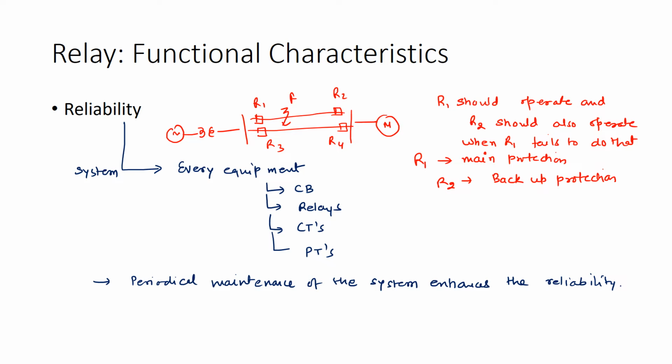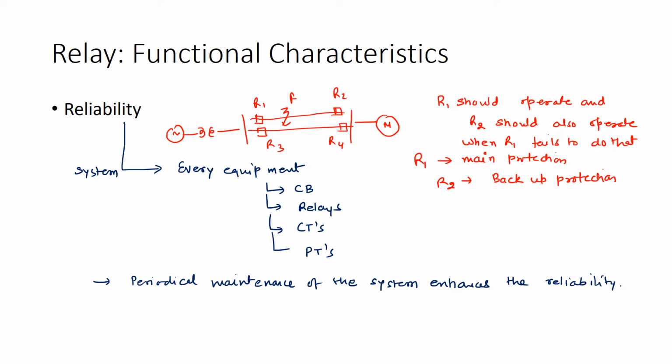So the reliability of the relay is a basic functional characteristic which is required when we are designing a protection scheme. Also, the system reliability depends upon the reliability of the circuit breaker, the relays, CTs and PTs. Periodical maintenance and timely maintenance also enhance the reliability of the relay and the protection system.